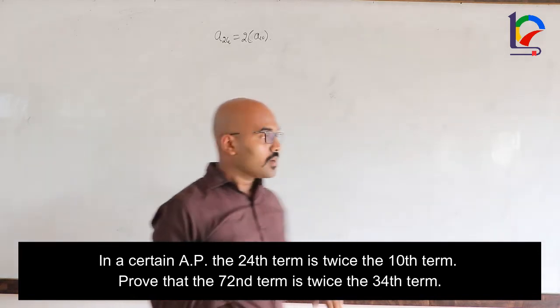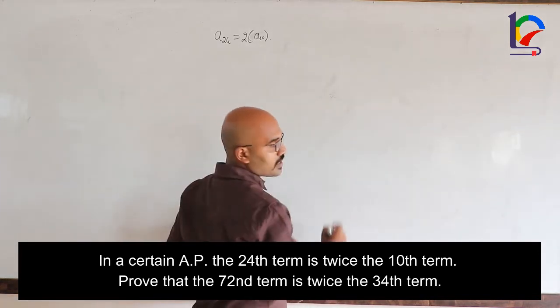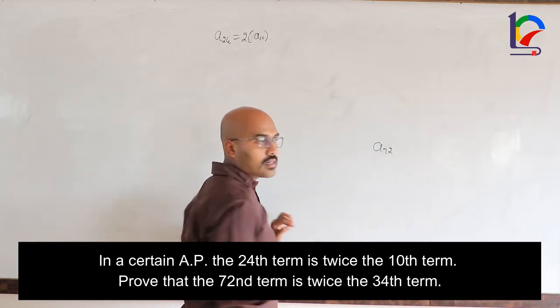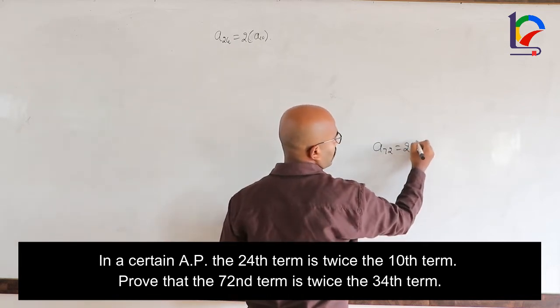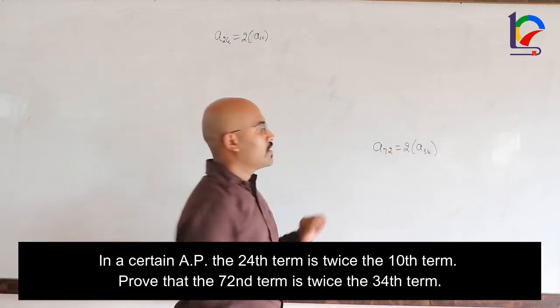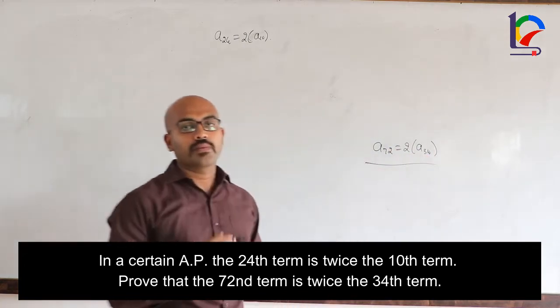So we need to prove that the 72nd term is twice the 34th term. So this is what we need to prove.